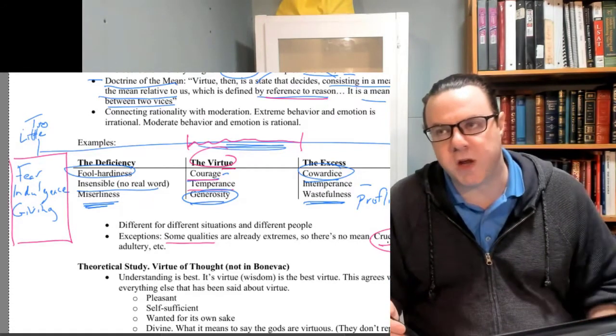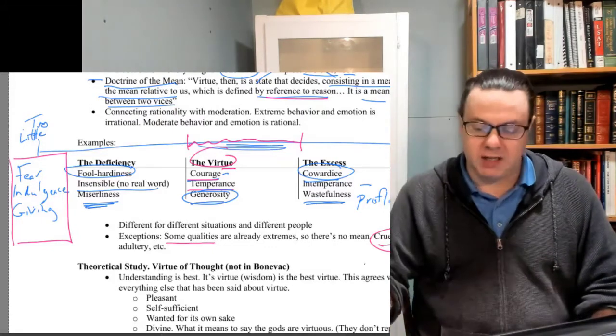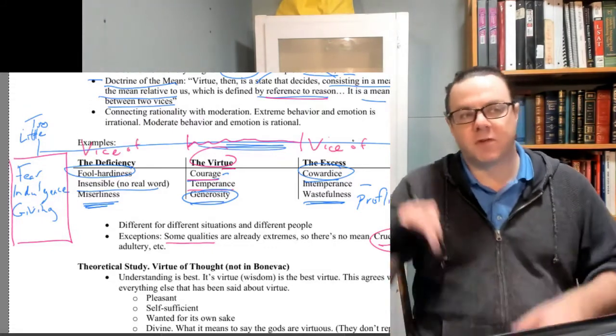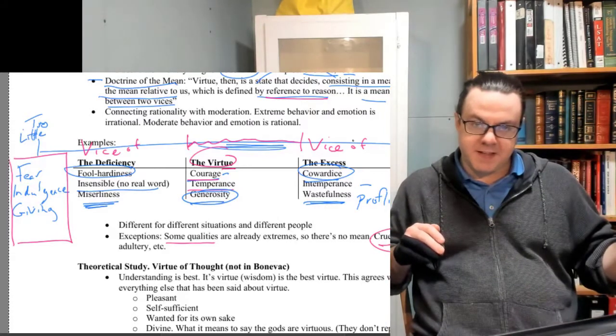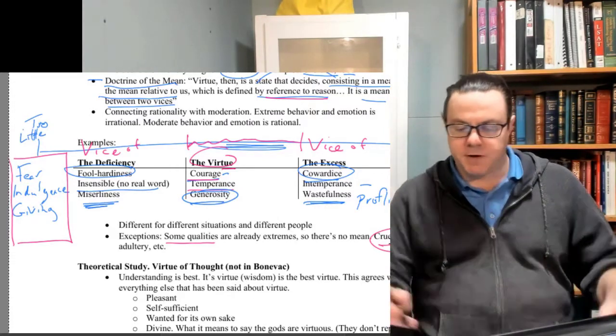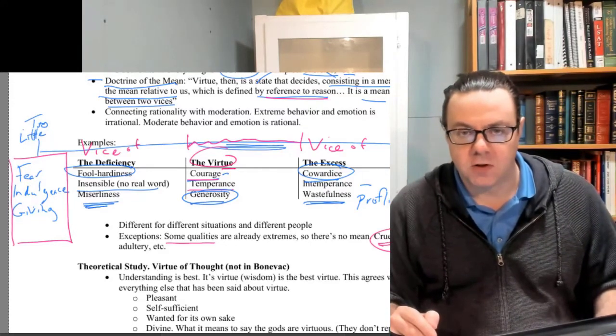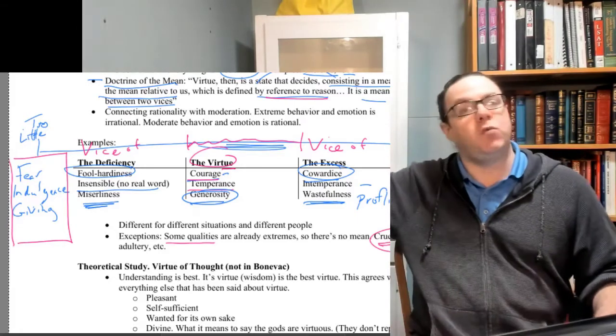And it seems like the reason is because it's already in some kind of extreme or vice. Each virtue has a vice of deficiency and a vice of excess. But of course, cruelty is already a name for a vice. So that is an extreme amount of something, right?